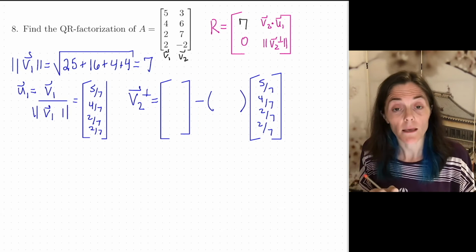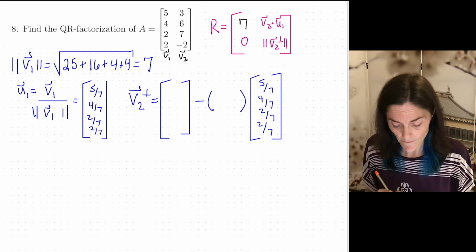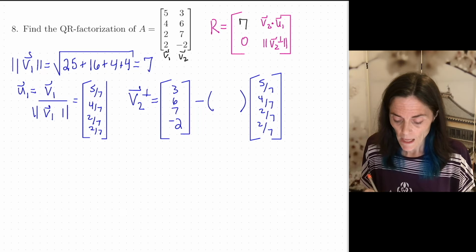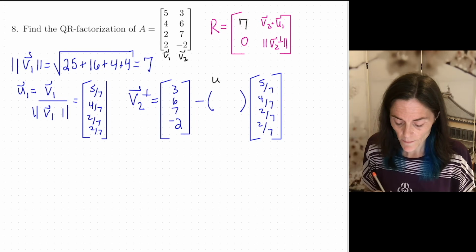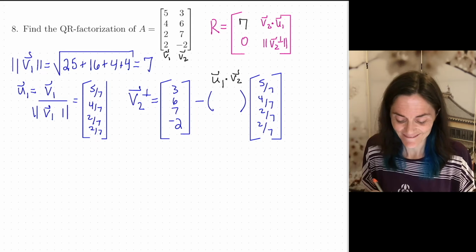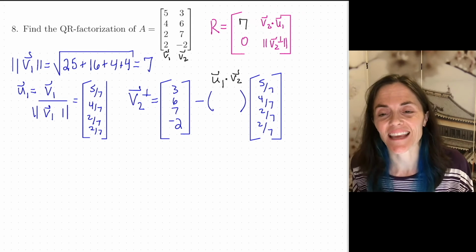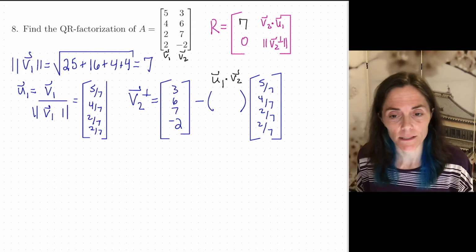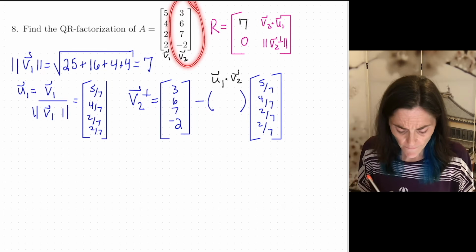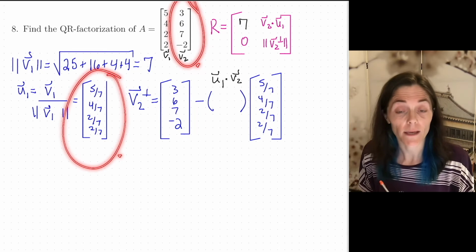And then we take V2, which is 3, 6, 7, minus 2. What goes here is U1 dot V2, or as I have it written here, V2 dot U1. Either way, it's the same dot product. So we are taking the dot product of this vector and this vector.